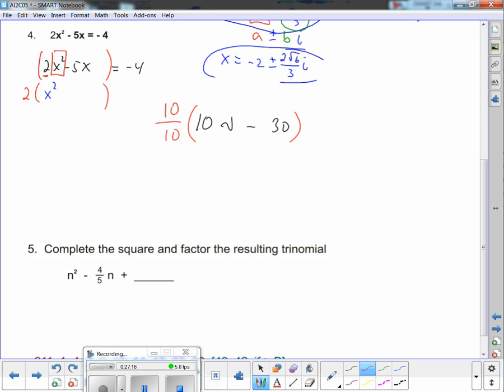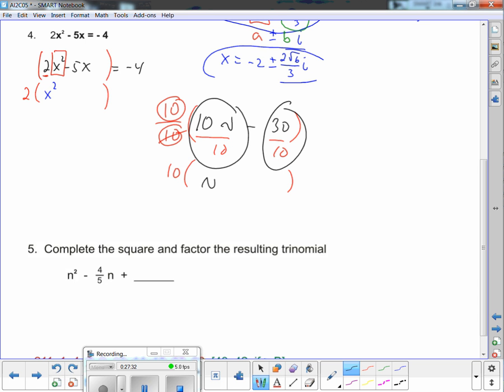I leave the top 10 right where it is, and I distribute the bottom 10. So now I end up with the 10. What's 10n divided by 10? n. What's a negative 30 divided by a 10? A negative 3. And didn't I factor out the common 10?